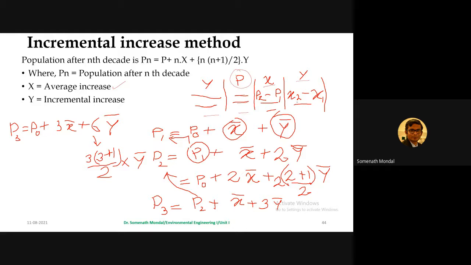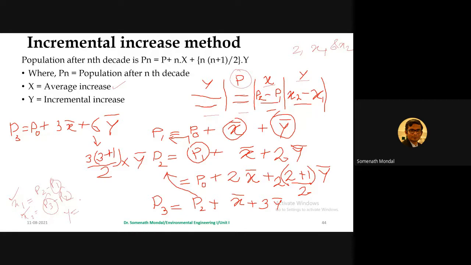Hope you are able to understand, because until you get two x values, that is x1 and x2, you cannot proceed. x1 is equal to P2 minus P1, whereas x2 is equal to P3 minus P2. Likewise, you need three P values to calculate two x values. Now what we are going to calculate is y.